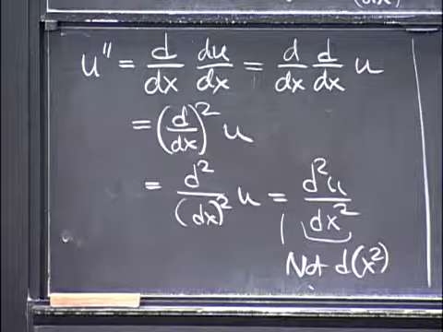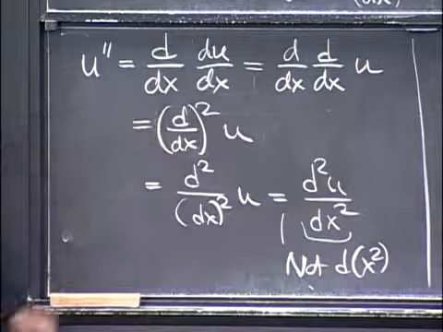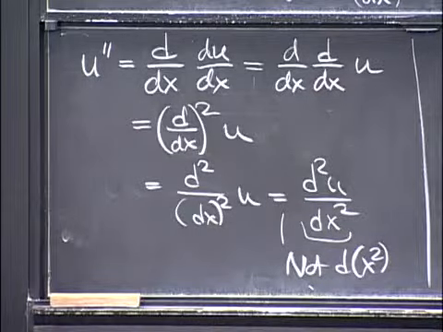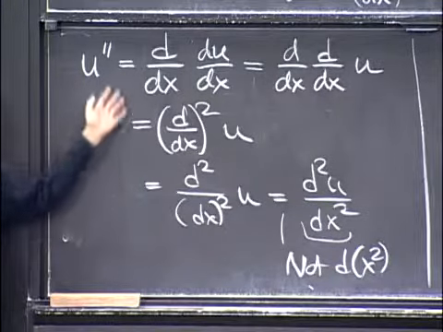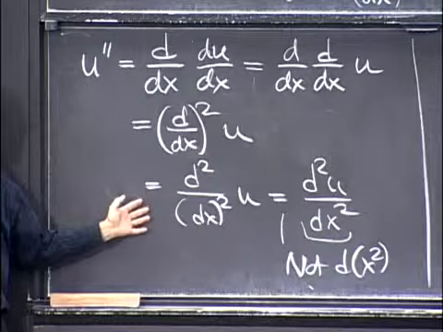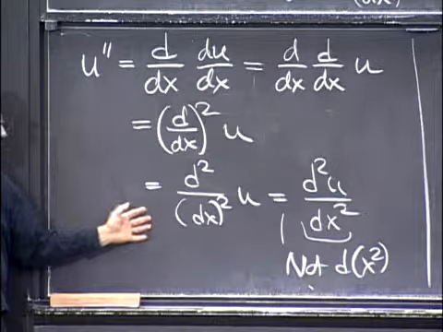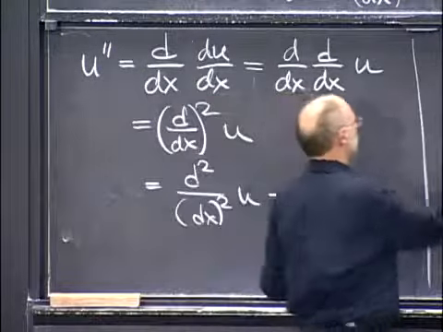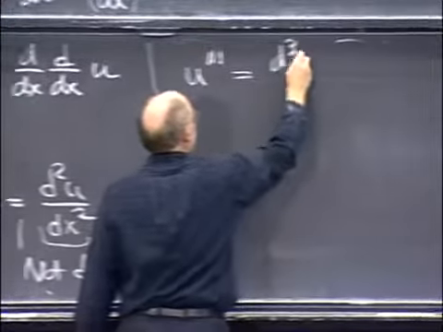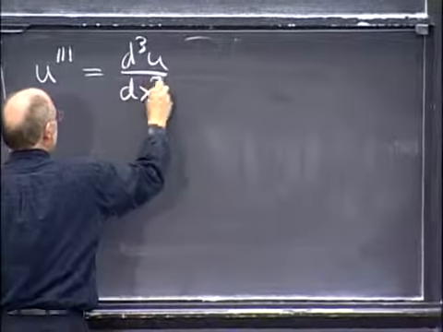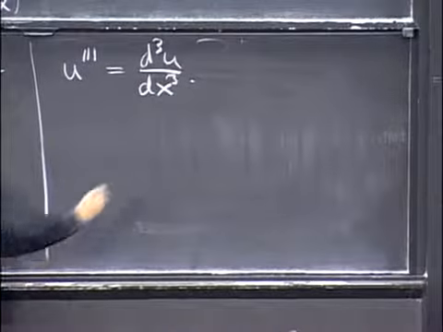It's part of this second differentiation operator. So I've written a bunch of equalities down here, and the only content to them is that these are all different notations for the same thing. You'll see this notation very commonly. And so, for instance, the third derivative is d cubed u divided by dx cubed, and so on.